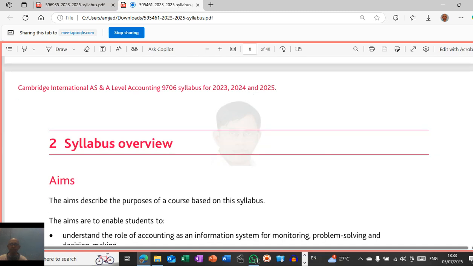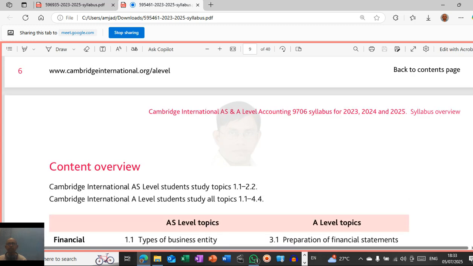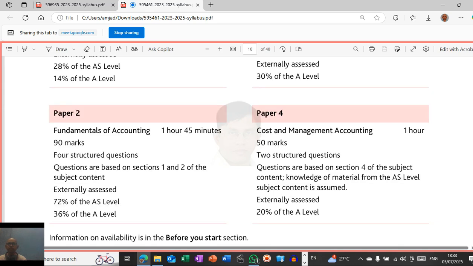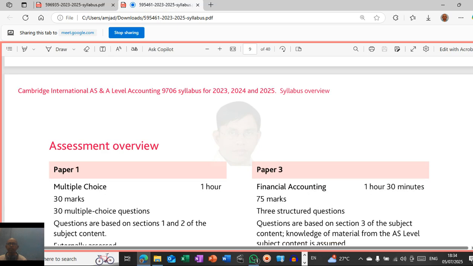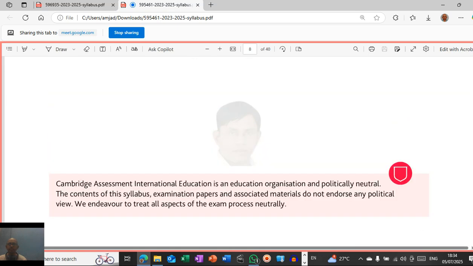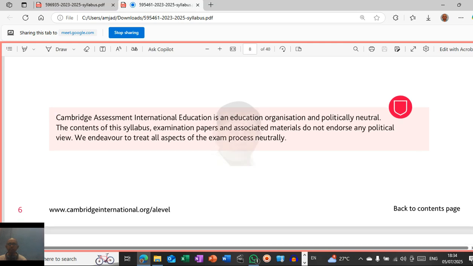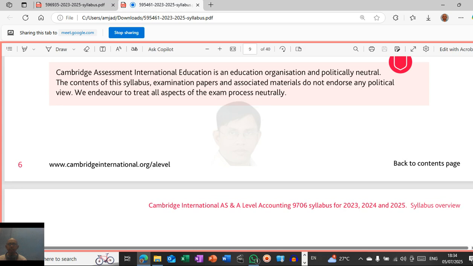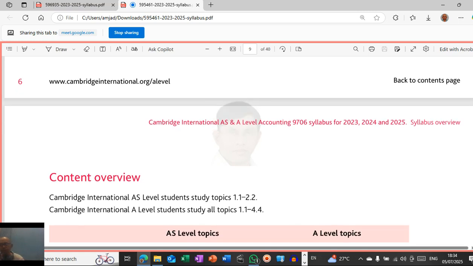Syllabus overview. Cambridge International AS level students study topics 1.1 to 2.2.